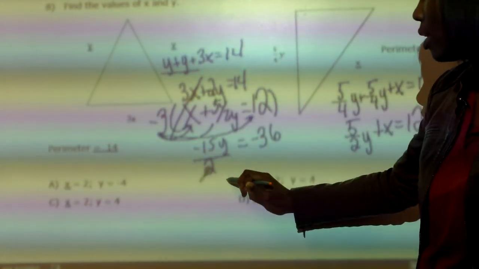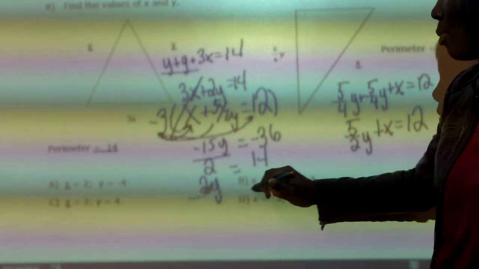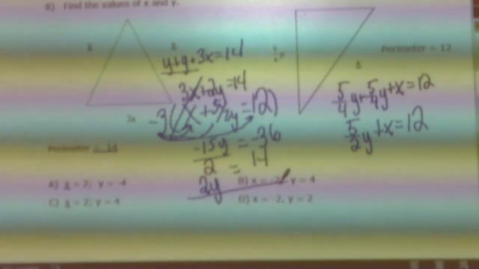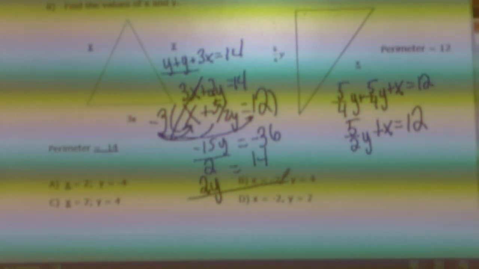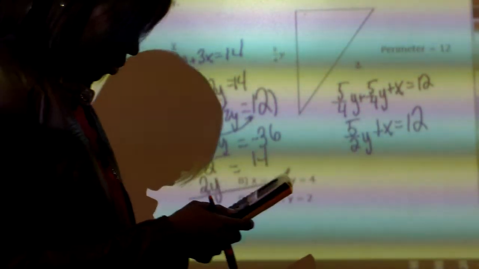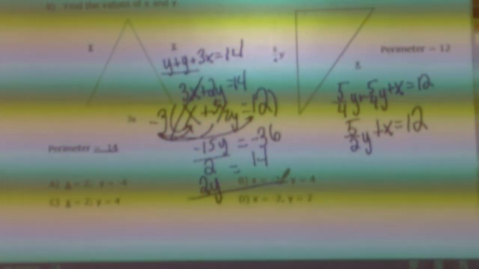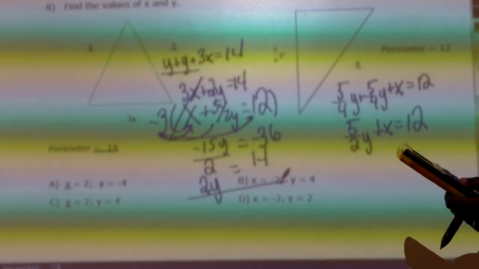Then I bring down the 2y and 14. Now remember, you combine both terms. So we combine -15 divided by 2 and 2, and that gives us -11 over 2.